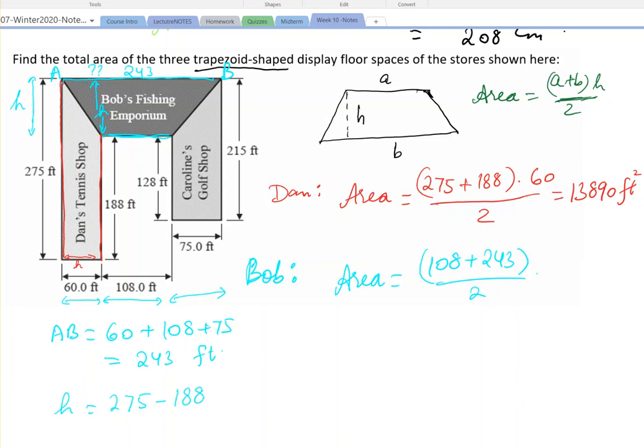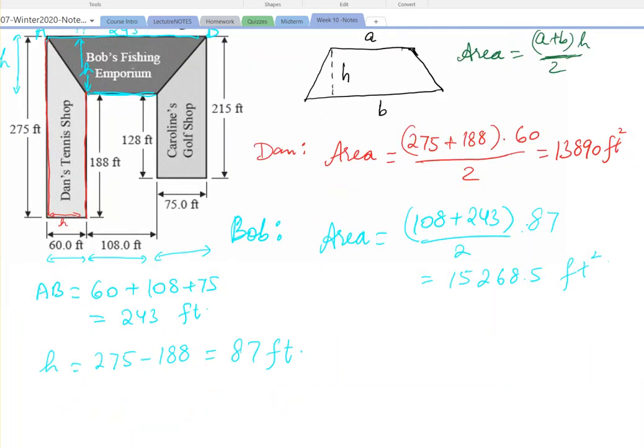We are doing this whole length minus the other side of the tennis shop. So we got 87 feet. So the height is 87 feet. And using this, we got the area for Bob's floor as 15,268.5 square feet.